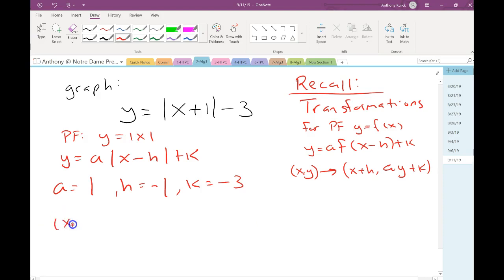So my transformation map then that I'm going to write is going to be x minus 1, y minus 3. Notice how I omitted the 1 times y because it's just y.